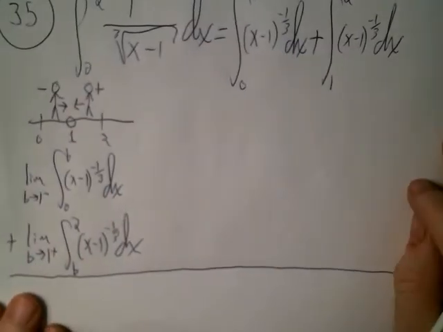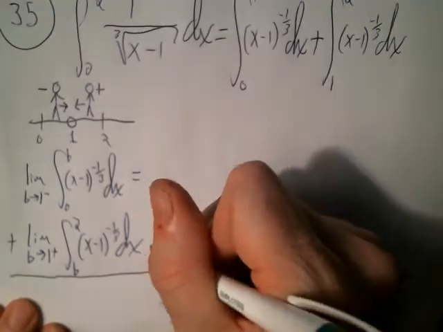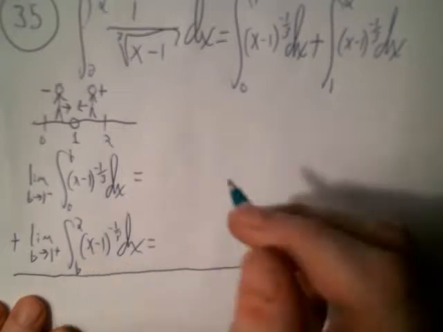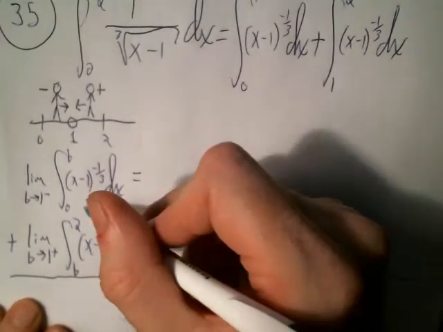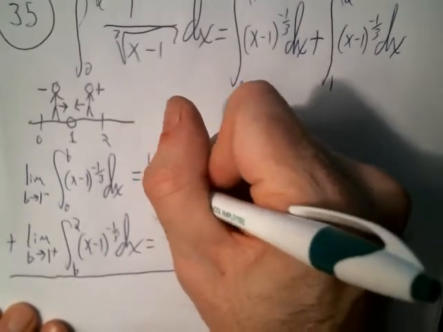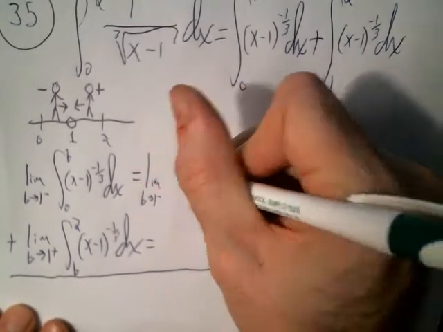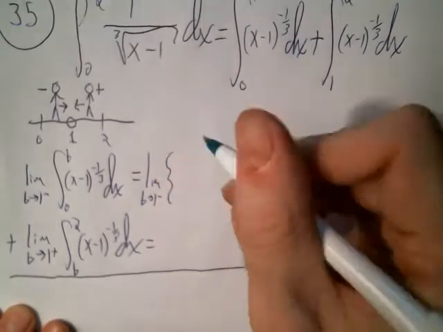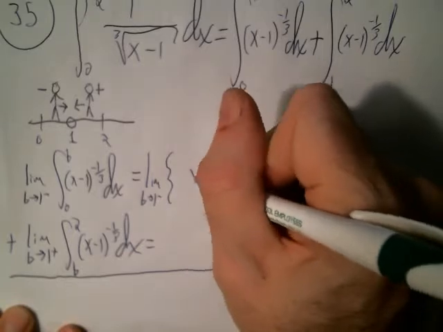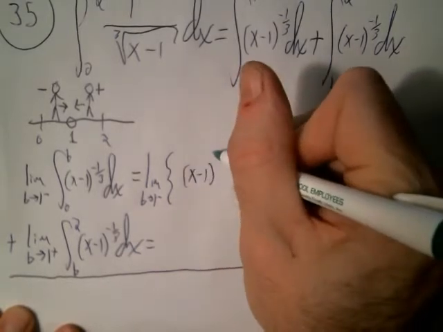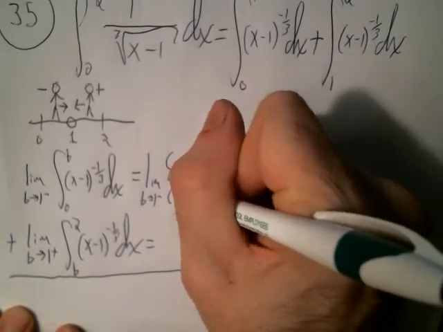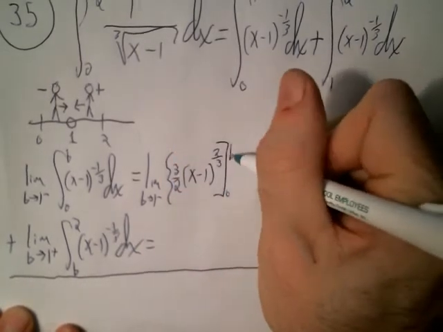Alrighty then, I need to integrate these characters. So the integral of this, add 1 to the old exponent, divide, of course. You don't need a u sub. There won't be any constants to worry about. So you end up with the limit as b goes to 1 from the left of x minus 1 to the 2/3 times 3/2, right? So x minus 1 to the negative 1/3 plus 3/3 is 2/3, and then you plop that down in front, and we evaluate from 0 to b.